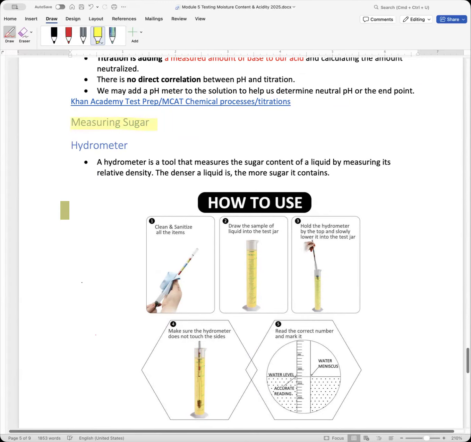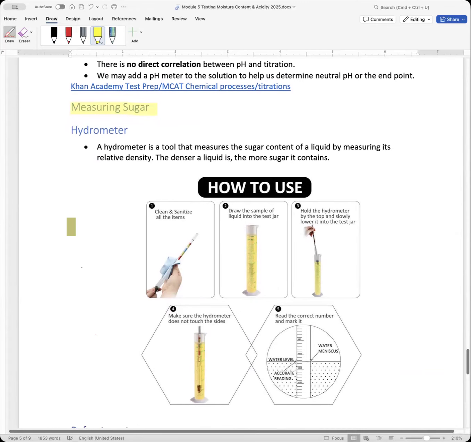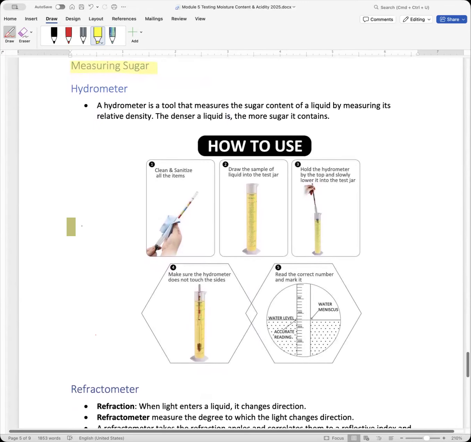So, measuring sugar. There are 2 ways to measure sugar, of course, right? One is the hydrometer. A hydrometer is a weighted tube, this tube right here. It's got a weight at the bottom and little gradations across the top.